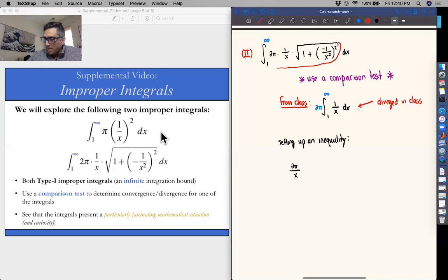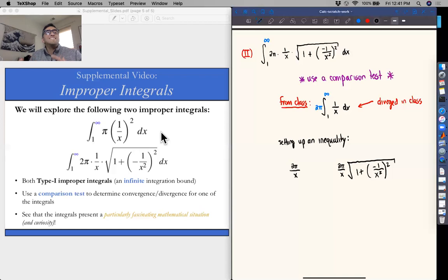So we're going to take that remaining function, the 2 pi over x times that square root thing, and we want to compare that to 2 pi over x. So rewriting that integrand that we started with, 2 pi over x, times that square root of 1 plus, well, negative 1 over x squared, squared.